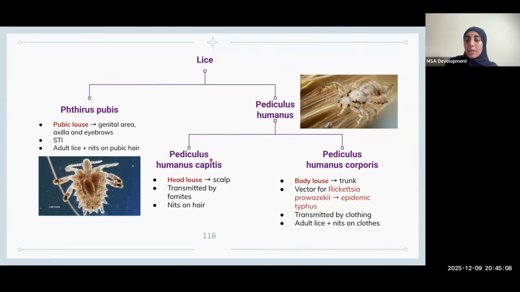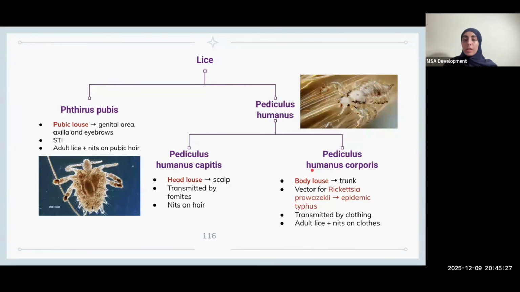And we have capitis and we have corporis, two different entities under the same group. Okay, they both look the same. So capitis is the head louse that infests the scalp, and corporis infests the body, the trunk.